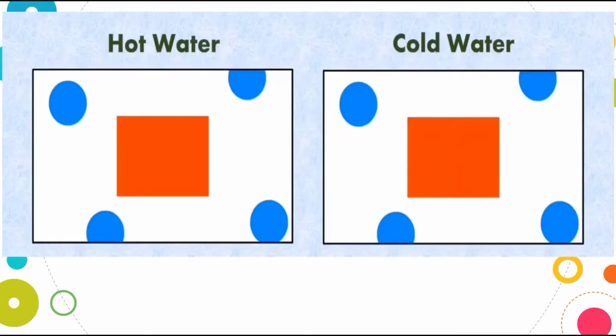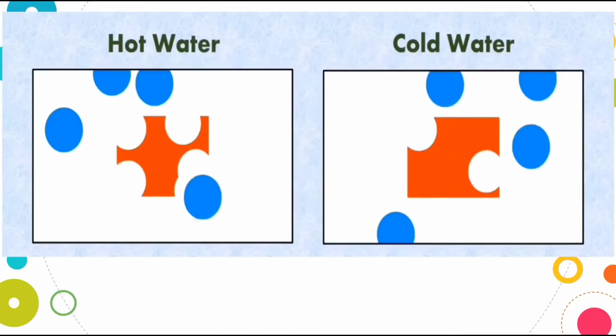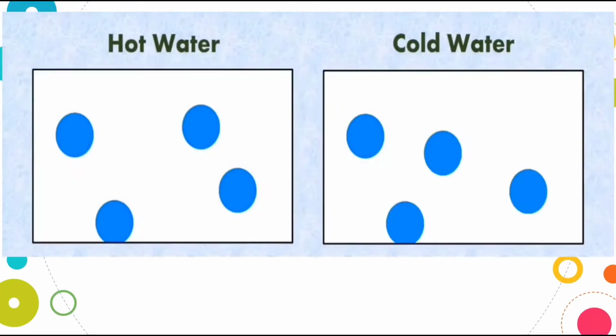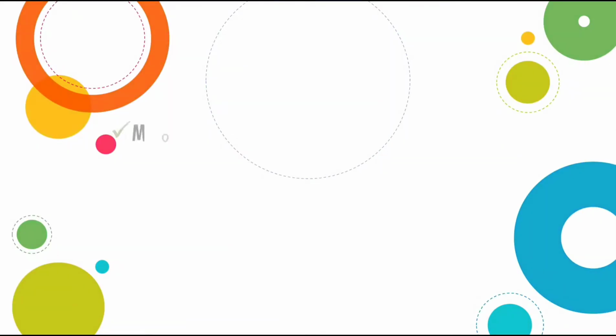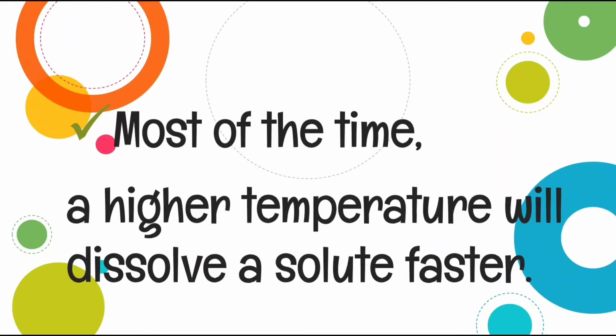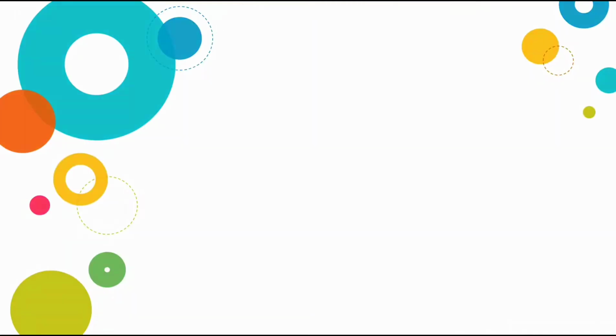Salt is dissolved faster in hot water because the molecules of hot water move faster and come in contact more often with the salt crystals, making it dissolve in a short period of time. So, most of the time, a higher temperature will dissolve a solute faster.